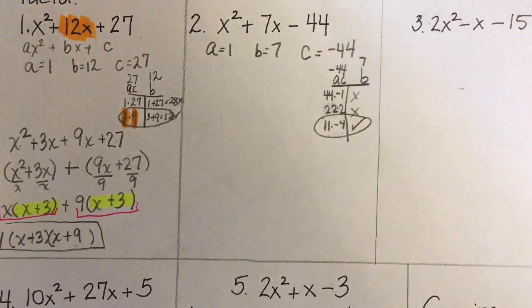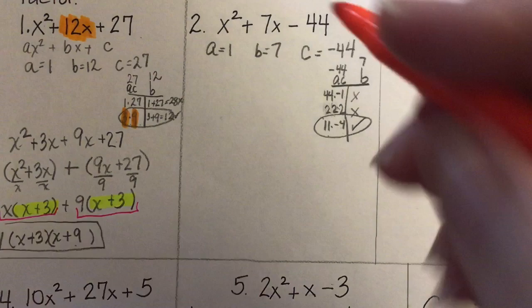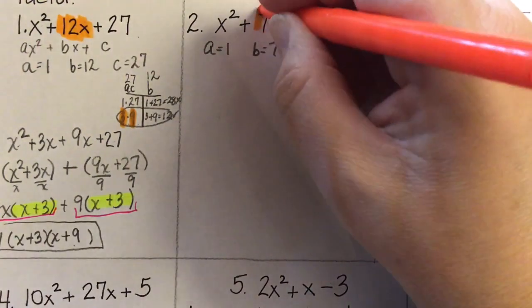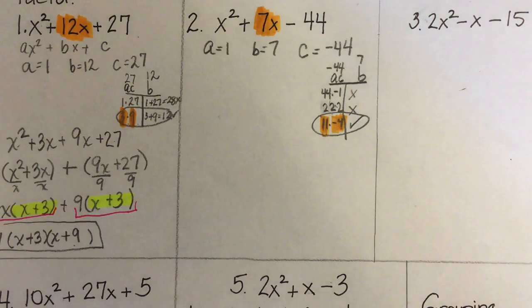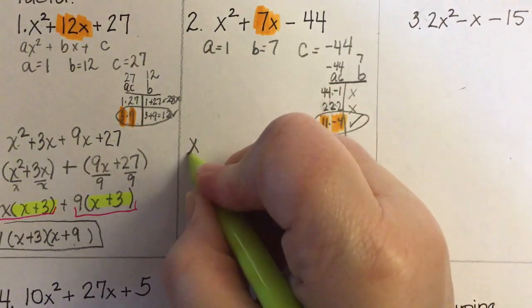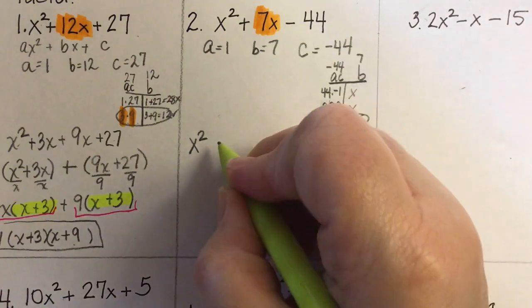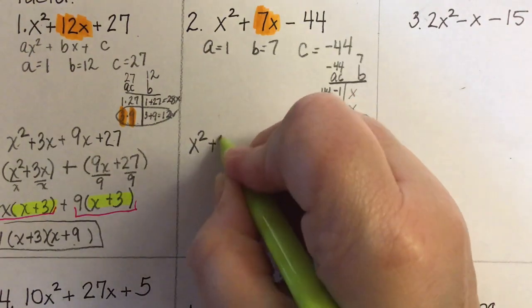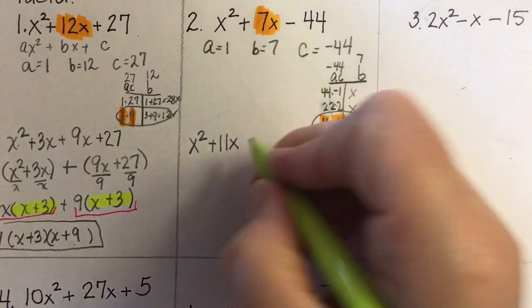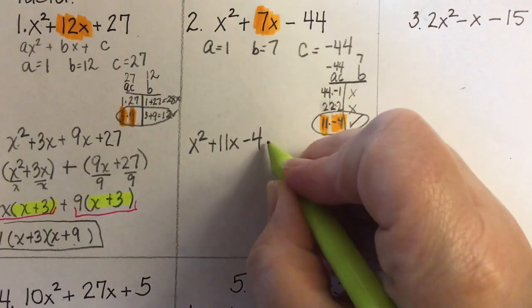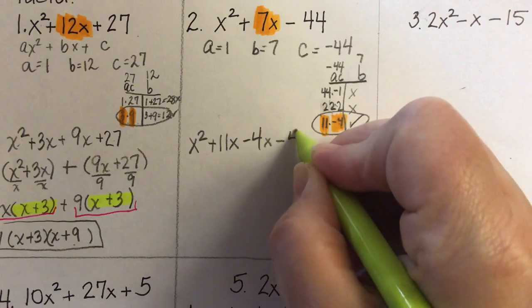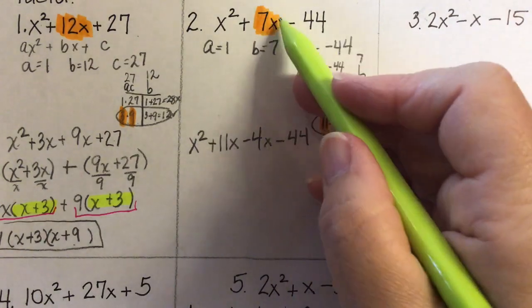Okay, so remember what we're going to do is replace 7x with 11x and negative 4x, creating an equivalent 4-termed polynomial so that we can use factoring by grouping. It does not matter the order in which you put those two terms, the 11x and the negative 4x, just as long as you put them in place of 7x.